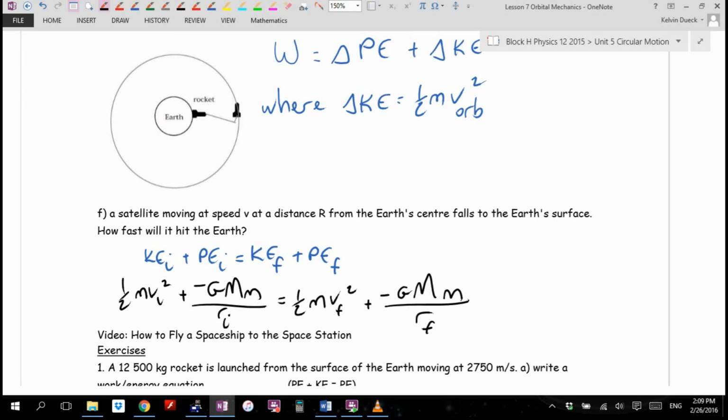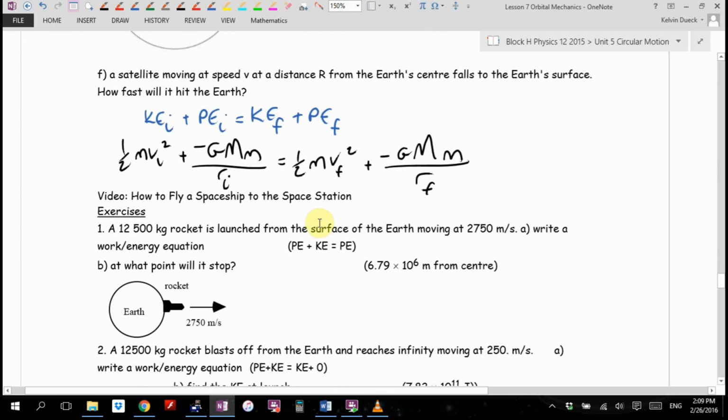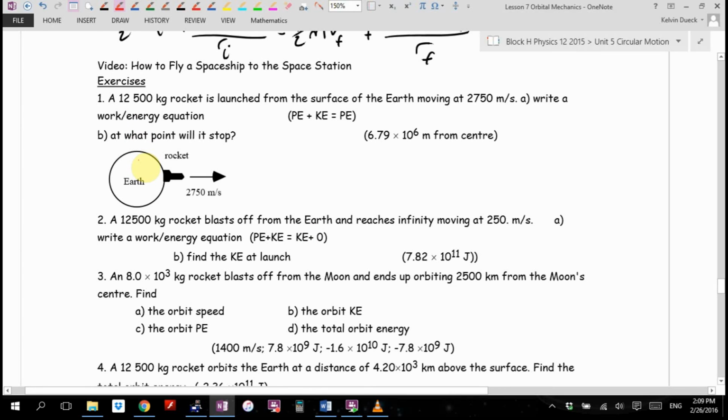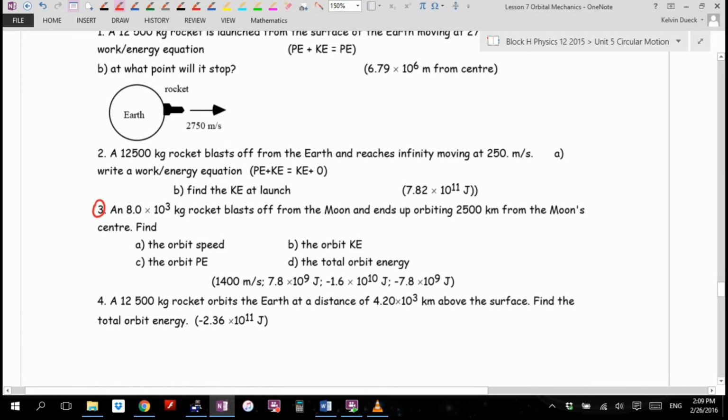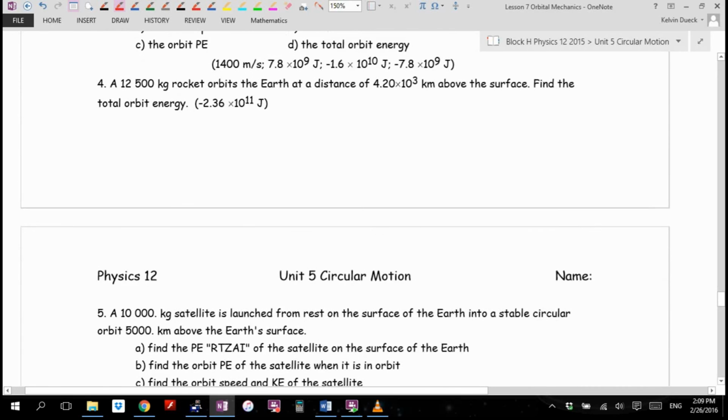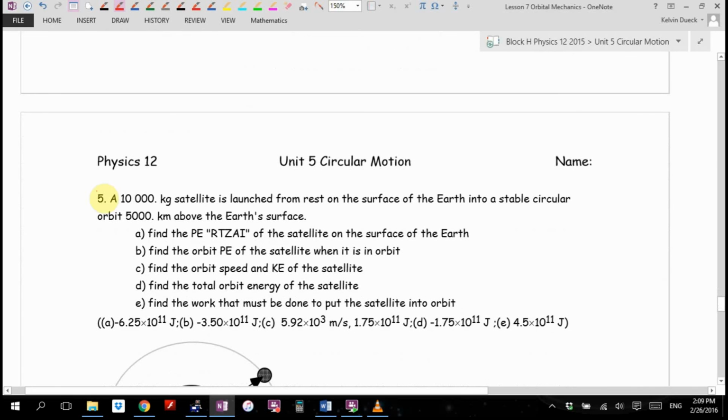Those are kind of the mixings and matchings and how I can, well. And we saw how to fly the spaceship to the space station last day, yes? So homework: finish the stuff up from last day, but also number 3, number 5.